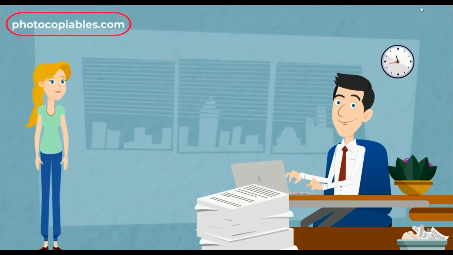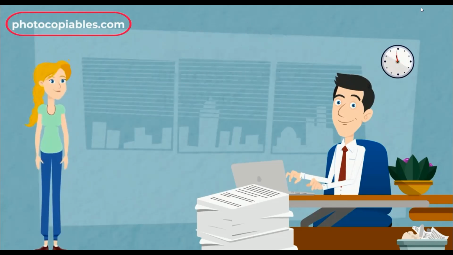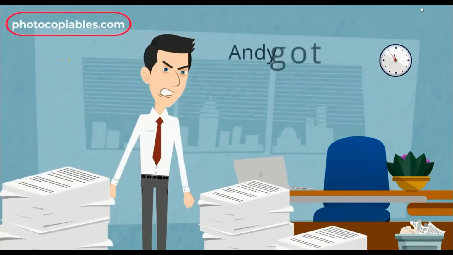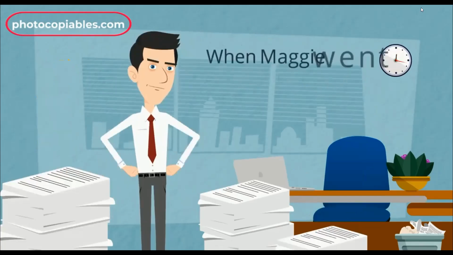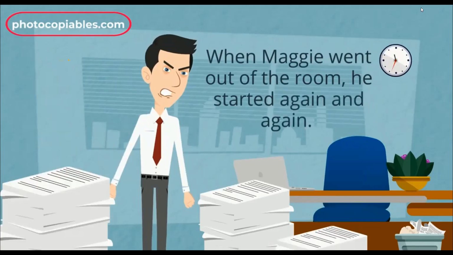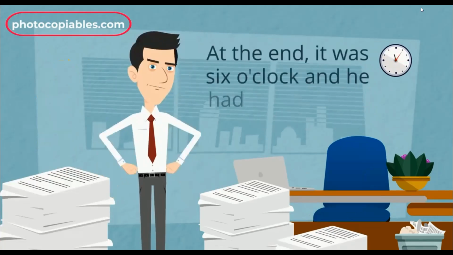She came back again and again and asked lots of questions. Andy got very angry in the end. When Maggie went out of the room, he started again and again. At the end, it was 6 o'clock and he had a lot of work to do the next day.